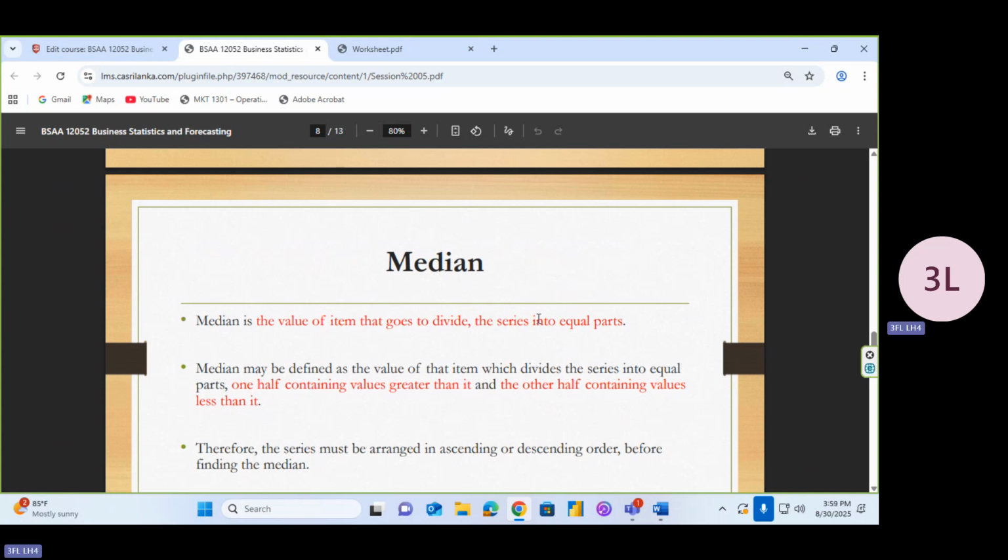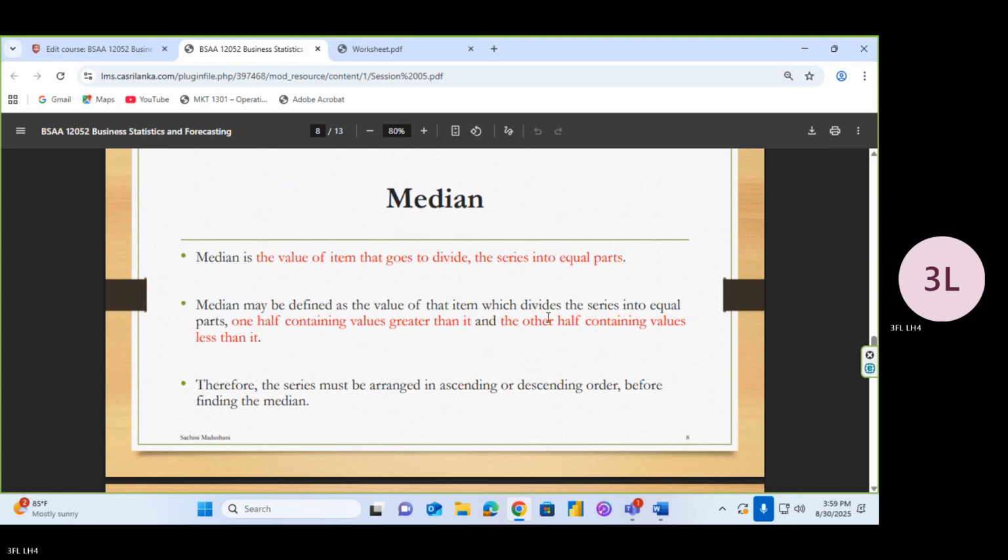Median may be defined as the value of that item which divides the series into equal parts, one half containing values greater than it and the other half containing values less than it. Therefore, the series must be arranged in ascending or descending order before finding the median.